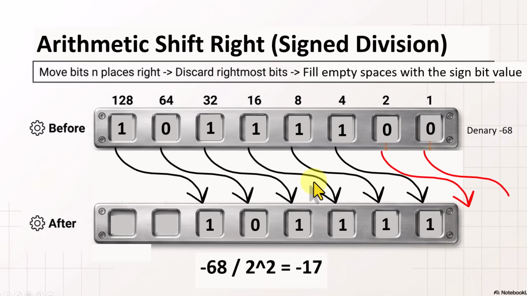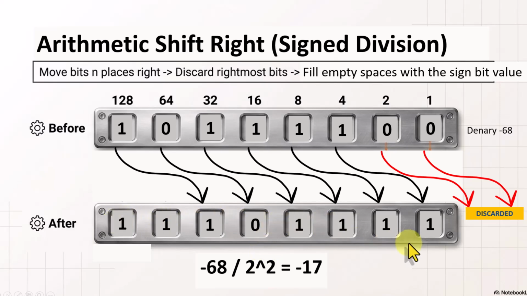The rightmost bits that fall out of the register are discarded. Then the empty bits are filled with whatever we have in the sign bit. That is our sign bit here. So 1 and 1. If it was 0, then it would be 0 and 0.